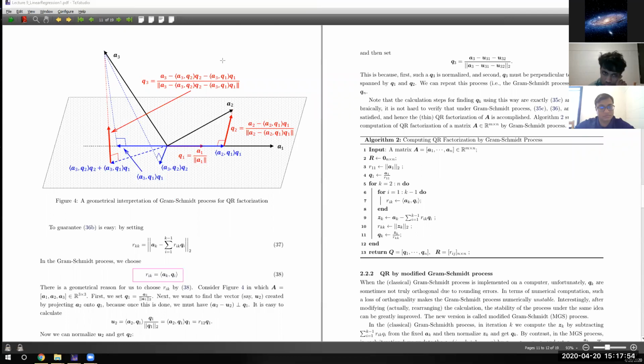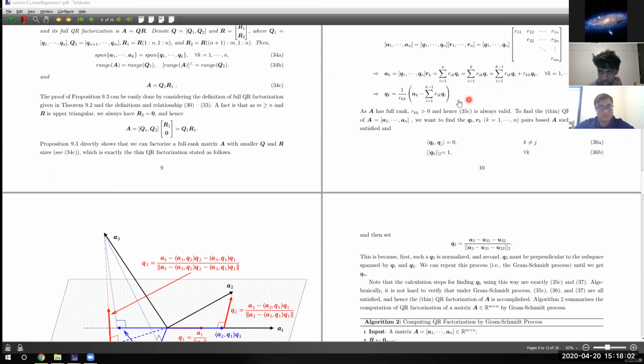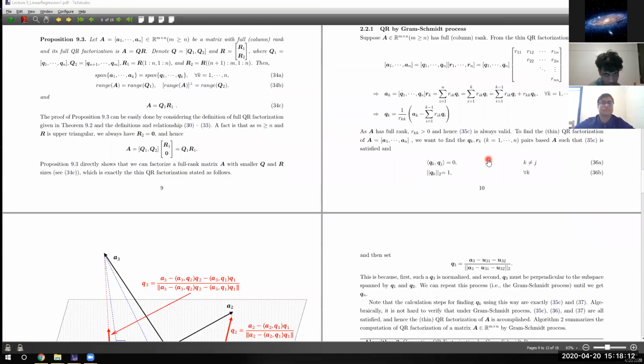So what you need to do is plug in 37 and 36 and 38 into 35C, and then you have the Q_K. Then verify 36A is indeed true, algebraically rather than geometrically. After doing that, you're going to see that, yes, indeed, they're correct.